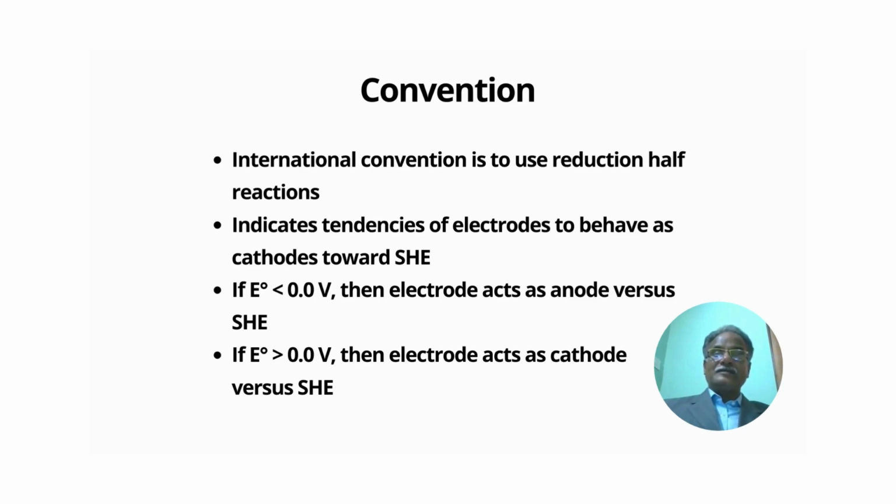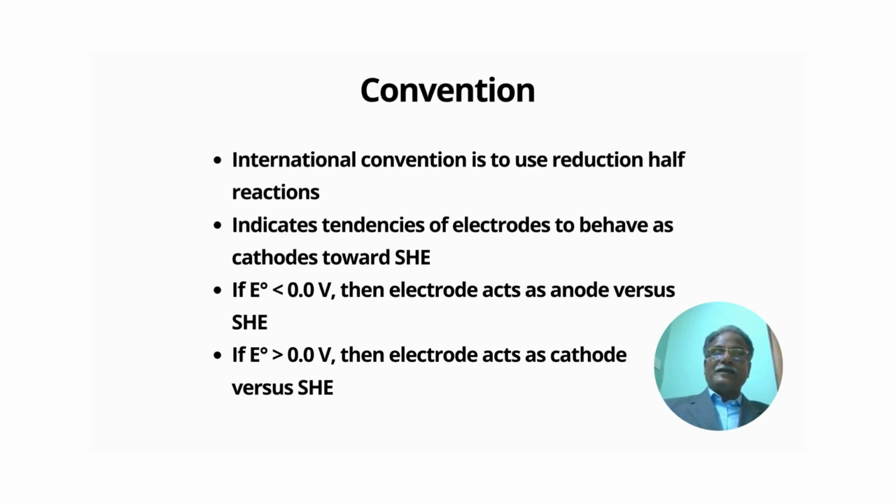If the standard reduction electrode potential of an element is less than 0.0 volts, it works as anode when connected to the standard hydrogen electrode. If the standard reduction electrode potential is greater than 0.0 volts, then the electrode acts as cathode when it is connected with the standard hydrogen electrode.